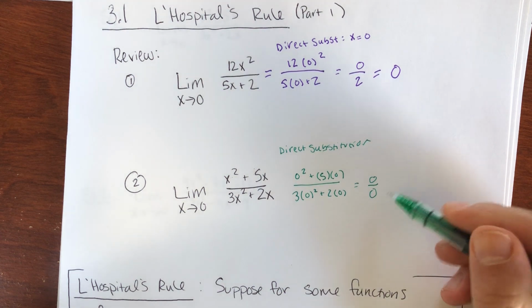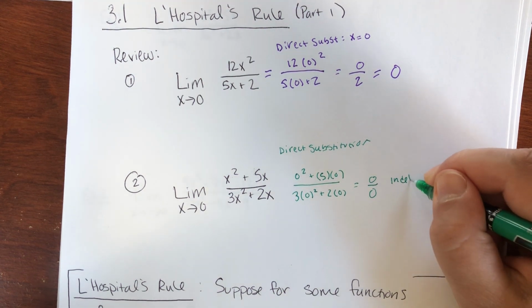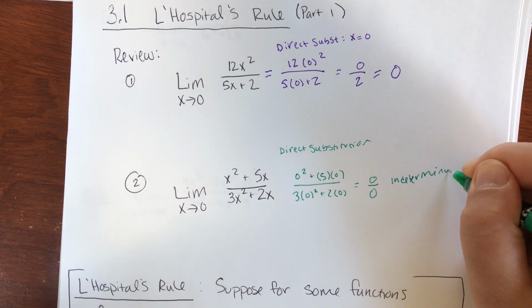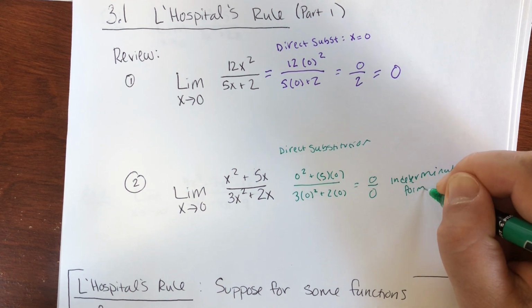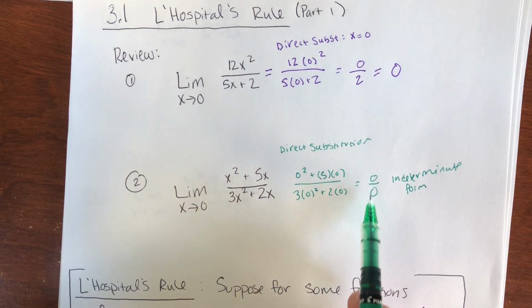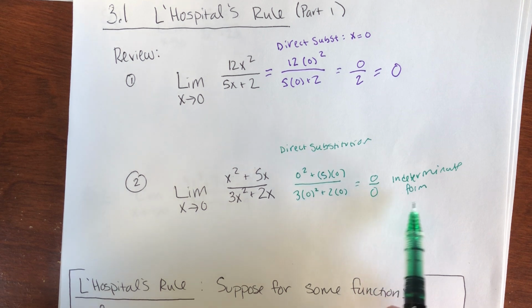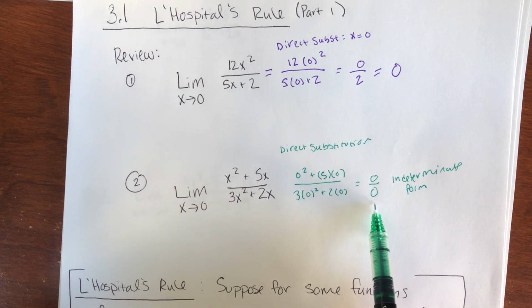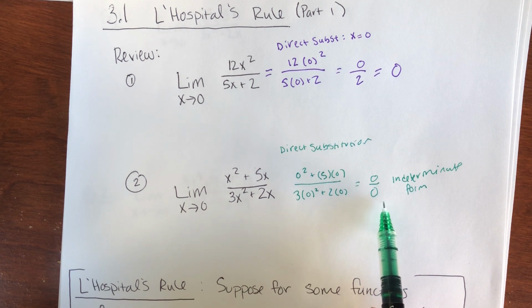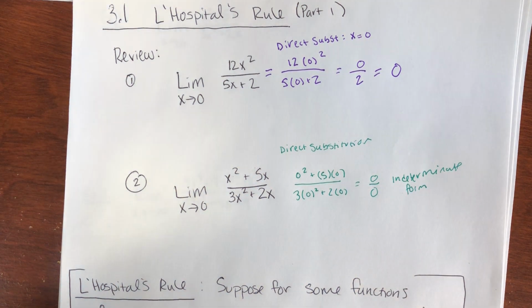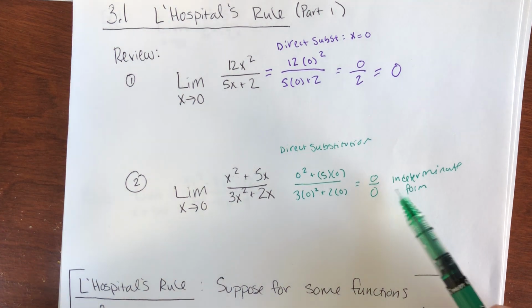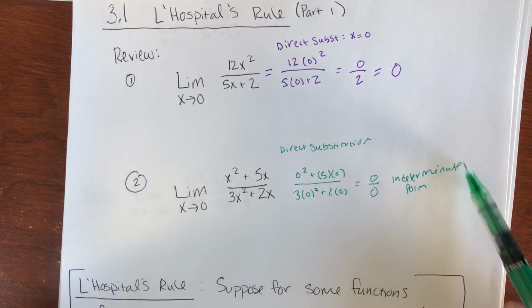Now remember, we call this an indeterminate form, because when you use direct substitution and you get 0 over 0, we don't really know yet whether this limit exists or it doesn't. It could be a finite number, it might not exist, or it might be an infinite limit, right? It might be a vertical asymptote.